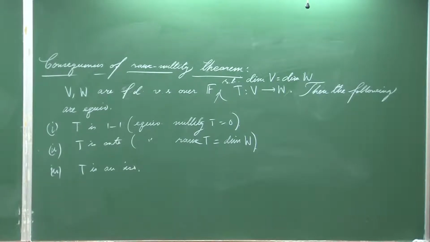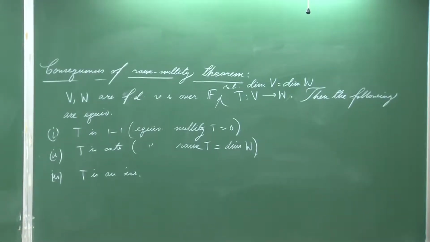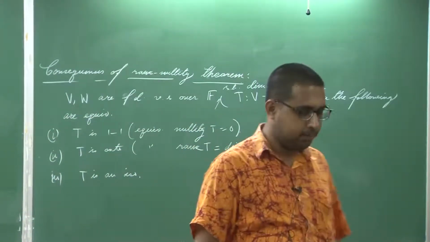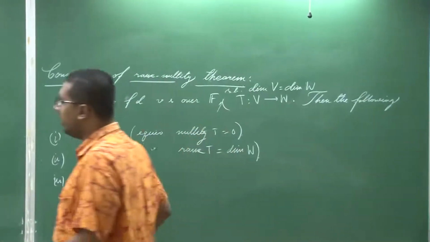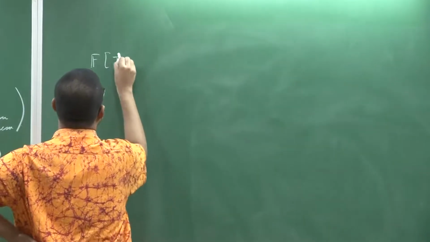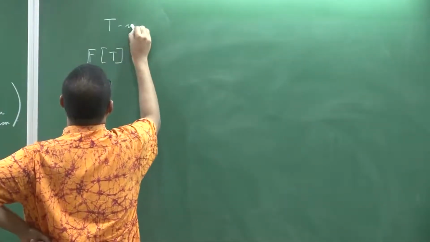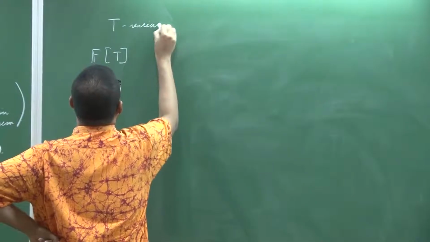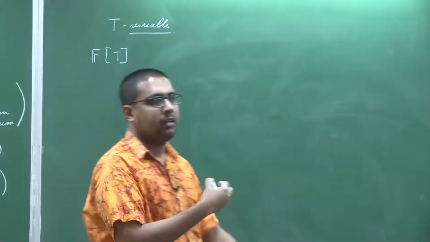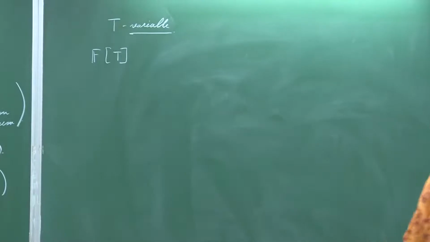So in order to talk about this example, we first talk about an important and commonly appearing linear transformation. So recall that if t is a variable, then F[t] is the collection of all polynomials in t.